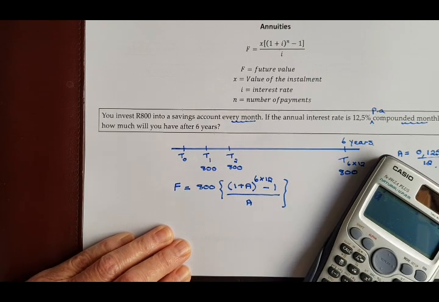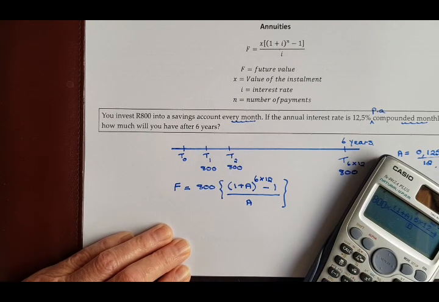When I type this in, 800 multiplied by, open brackets, 1 plus alpha A, close bracket, raised to the power of 6 times 12. Move the cursor, subtract 1, all divided by alpha A.